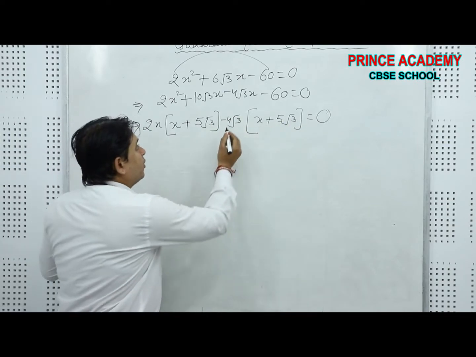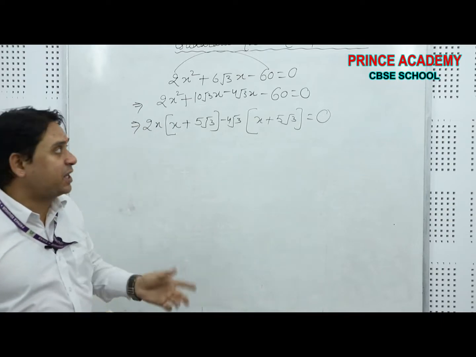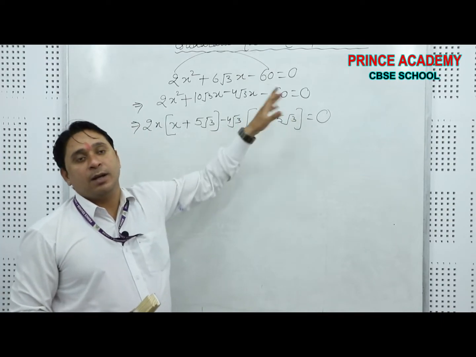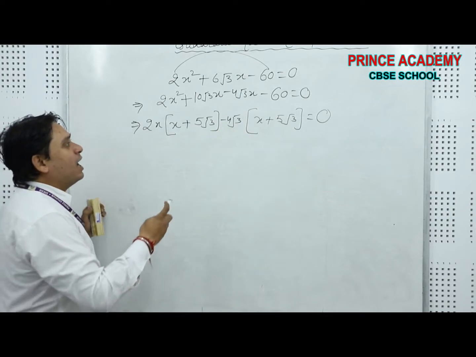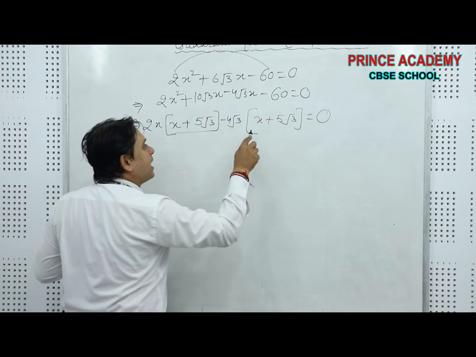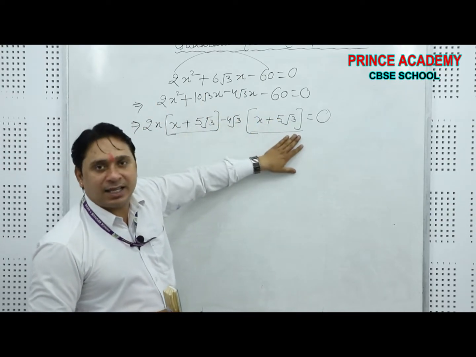See, 4 5s are 20, root 3 into root 3 is 3, 20 3s are 60, that is here. See beta, the step I took here: this portion has to appear here, so I wrote this as it is.